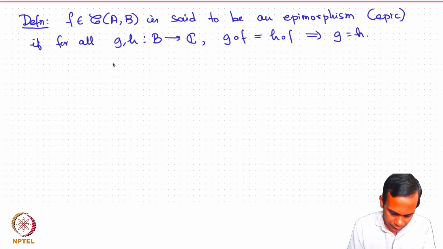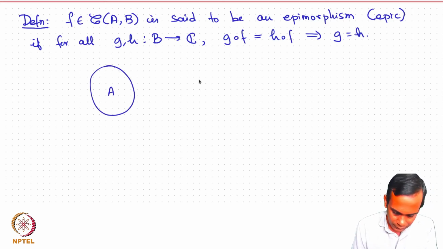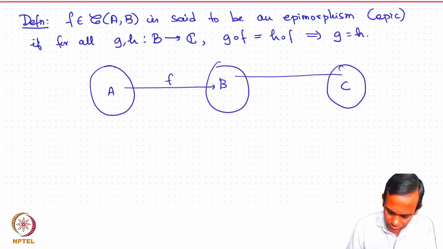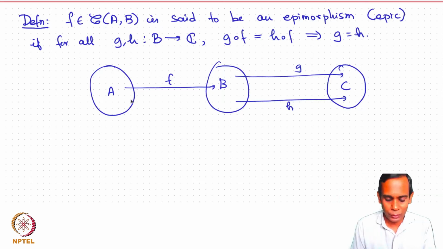If we're looking at sets, then we could draw a picture like this. We have F from A to B, and we have G and H from B to C. And it's quite easy to show that in the category of sets, a morphism is epic if and only if it is surjective.